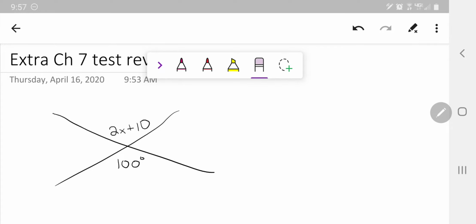Here we have 2 intersecting lines, and they create 4 angles for us, right? These 4 angles, okay? If we look at the ones that are labeled with some numbers here, we see that this one here and this one here are a special type of angle pair that we know something about.